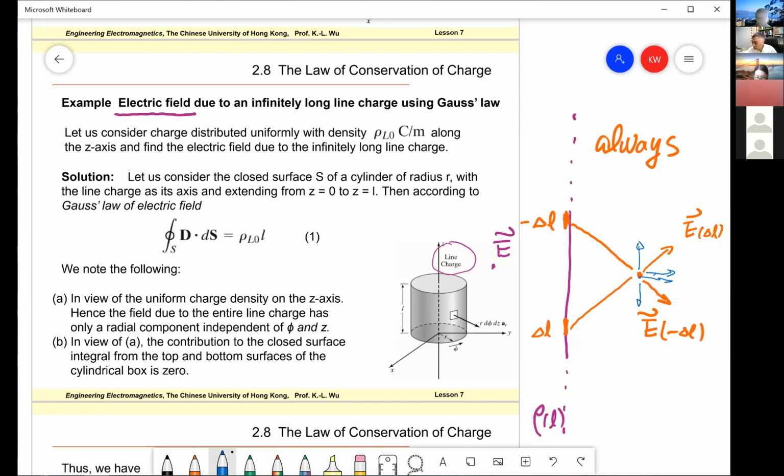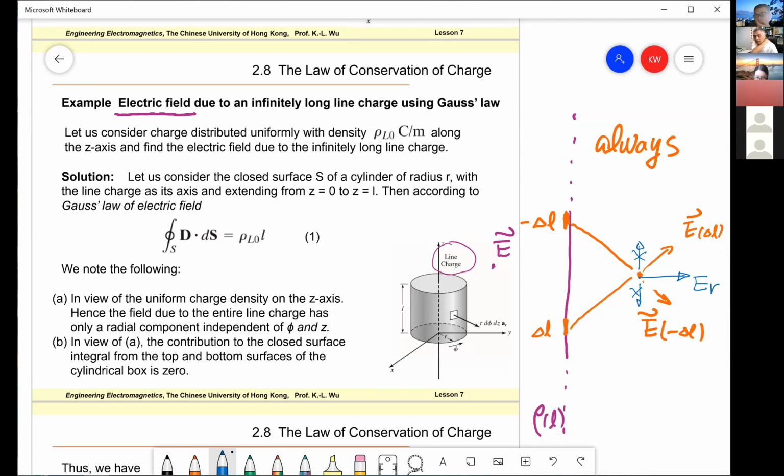So these two vertical components always cancel. As a result, I only have the electric field in the radial direction, because for any point, I can always find half and half, a symmetrical case.